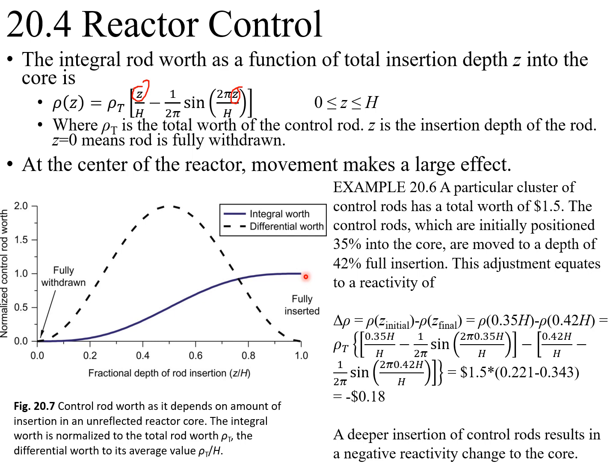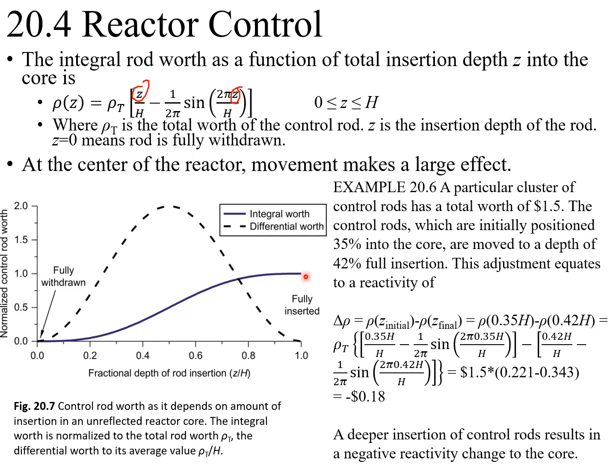That is the amount of reactivity introduced per unit distance of control rod movement. You will see that this value is high at the center, because at the center you have the highest neutron flux. Okay. And it means that the control rod is more effective when it is reaching the center of this core.